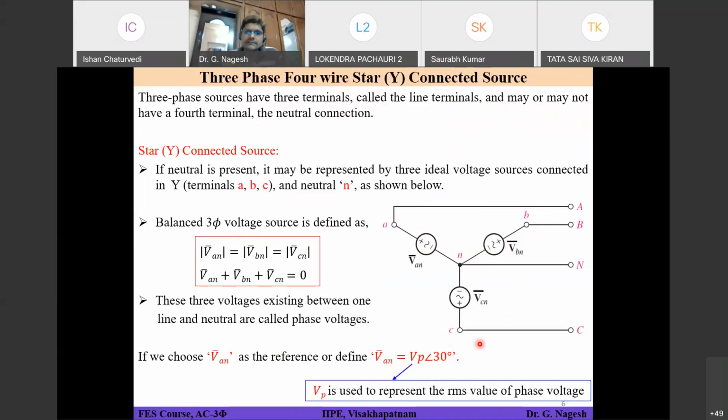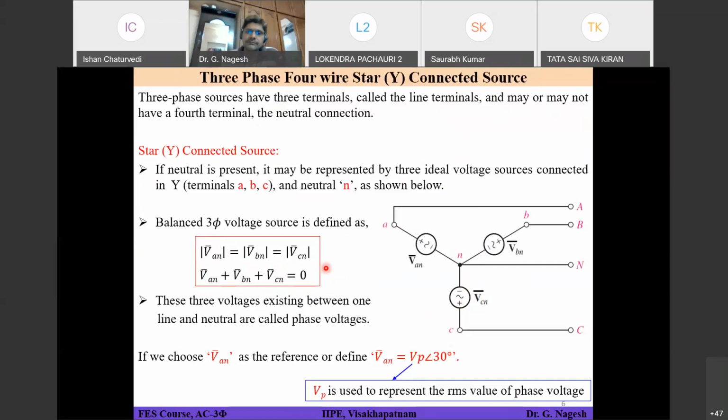We have already seen what balanced condition means. Their amplitudes should be the same, so the amplitude of VAN is equal to the amplitude of VBN is equal to the amplitude of VCN. And one more condition: the phasor addition of VAN plus VBN plus VCN is equal to 0. If these two conditions are satisfied, then we can call it a balanced star connected source.